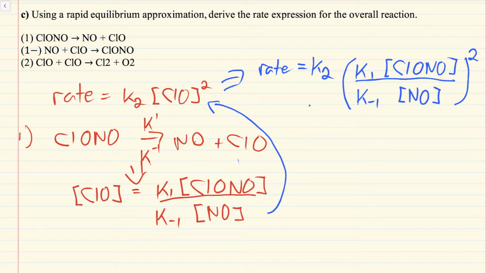Now, depending on the professor that you have, this form of the equation might be fine. However, some professors might want you to simplify this. So by simplifying it, you're simply giving an overall K value, which you can call large K, which is equal to K2 multiplied by K1 divided by K negative 1.